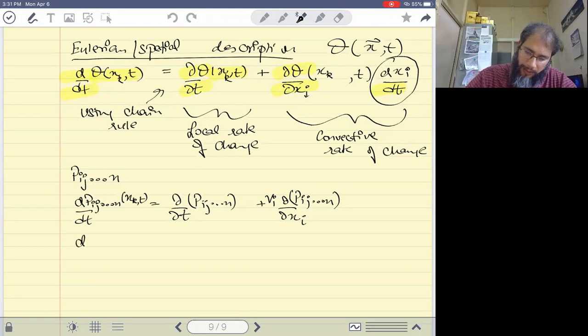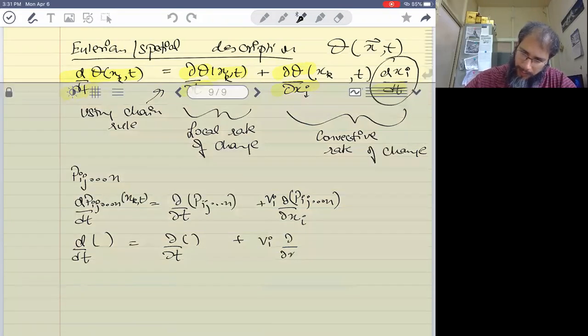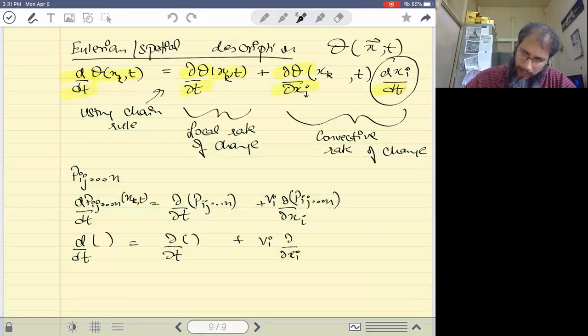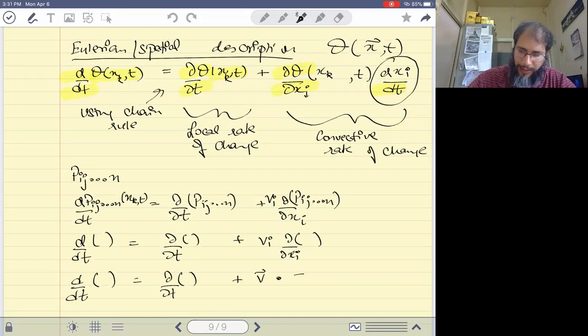So in general, we can write d by dt as del by del t plus vi del by del small xi. Or in the symbolic notation, we can write this as d by dt equal to del by del t plus v dot grad of something.